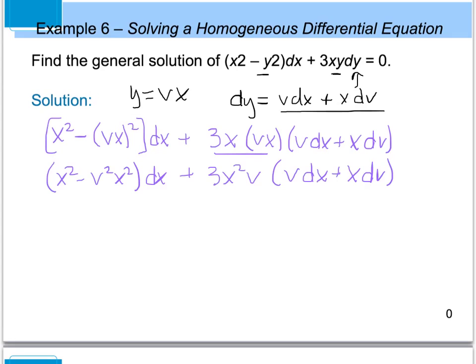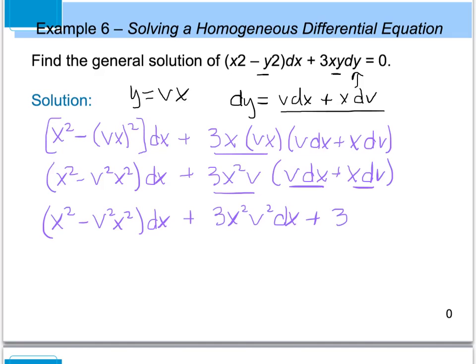And again, now if I distribute this term onto both this term and this term, I see that I have x squared minus v squared x squared times dx, plus this will give me 3x squared v squared dx plus 3x cubed v dv.